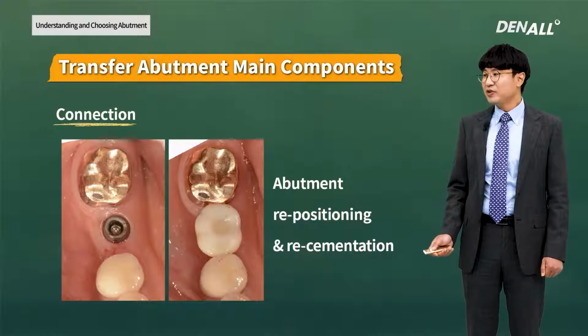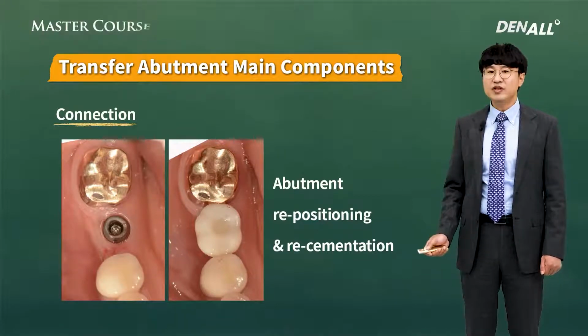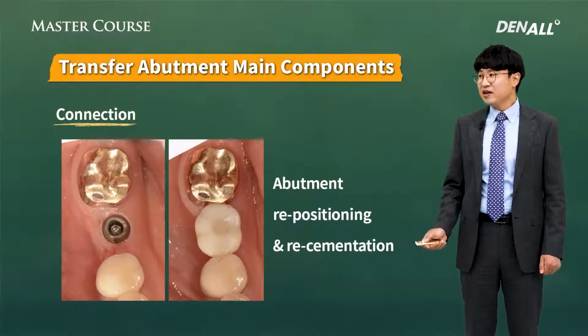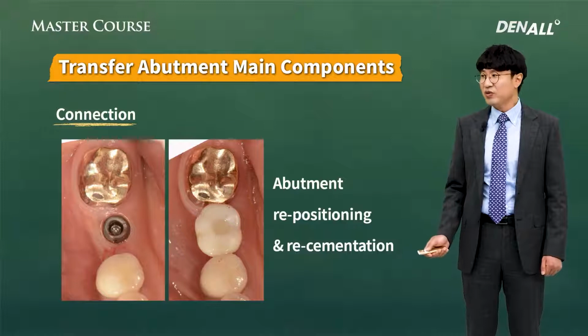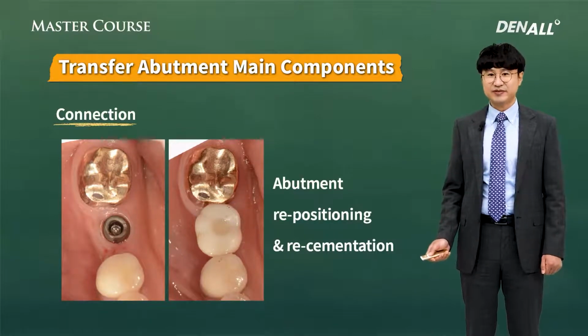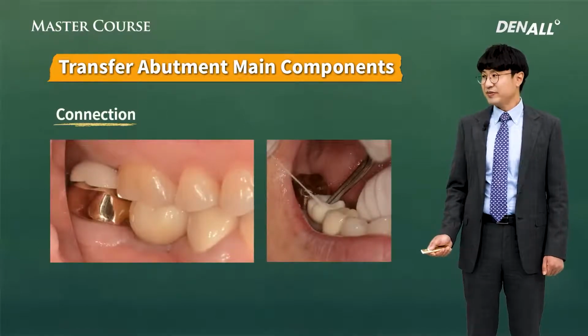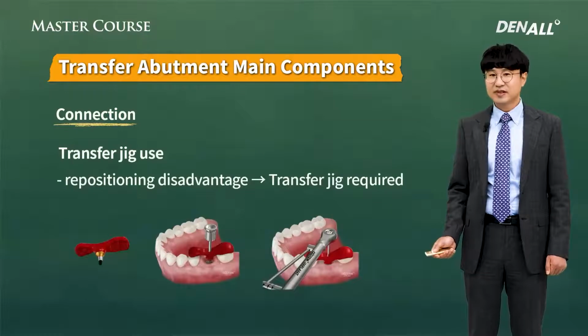If the abutment was non-hex type, repositioning would have been very difficult, but it was a hex abutment. The repositioning was made pretty easily, and the modification of contact was done, and after that, re-cementation was done. Proper contact with the adjacent tooth was recovered.